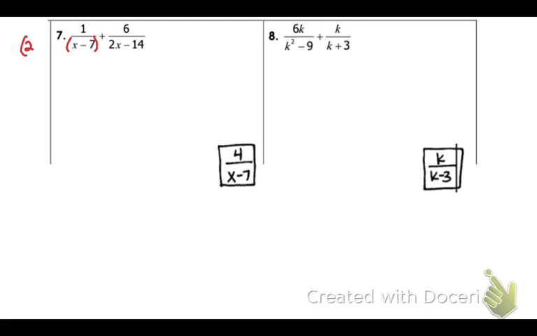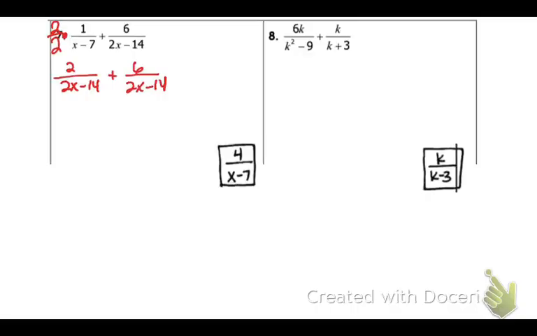Negative 7 times what gives me negative 14, so it's just going to be 2. So I'm actually only multiplying top and bottom by 2 here. So that's going to give me 2 over (2x minus 14) plus 6 over (2x minus 14).